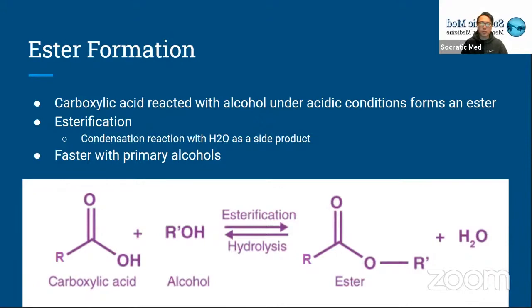With less steric hindrance, it's able to proceed faster. So whether it's a secondary, primary, or tertiary alcohol, the primary alcohols are faster than the secondary and tertiary alcohols because of less steric hindrance. So that's the formation of an ester group.